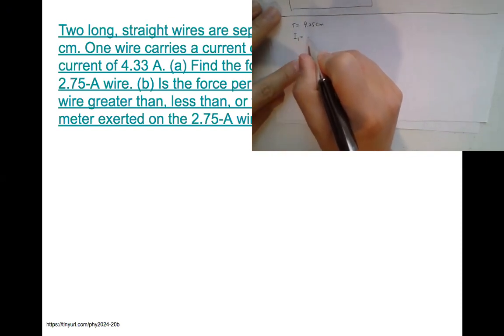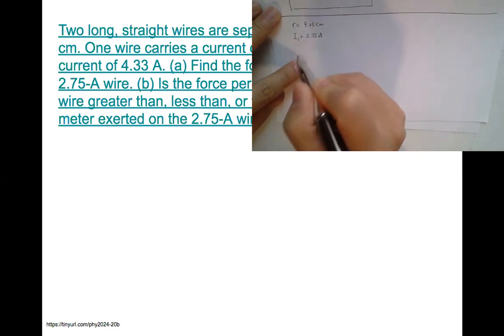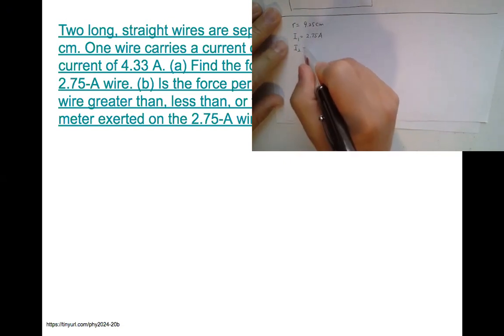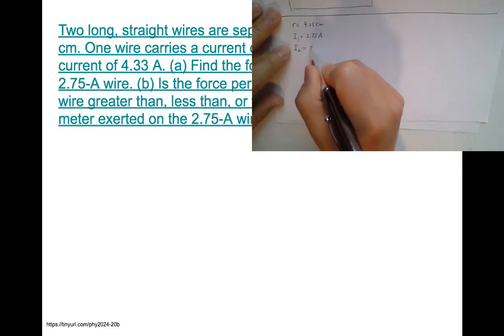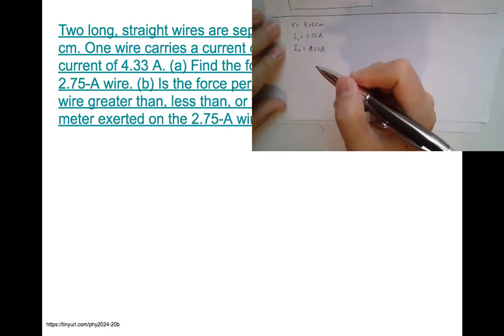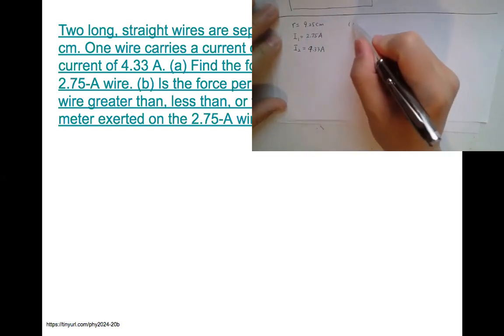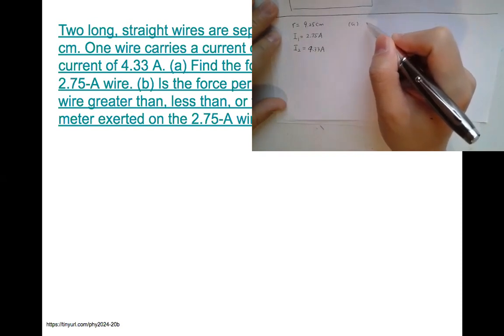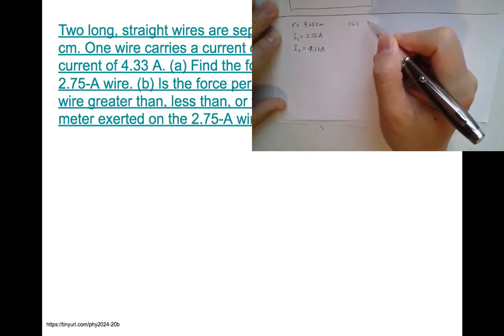The other wire, we call that the second wire, carries a current of 4.33 amps. Part A is asking us to find the force per meter exerted on the first wire, the 2.75 amp wire.